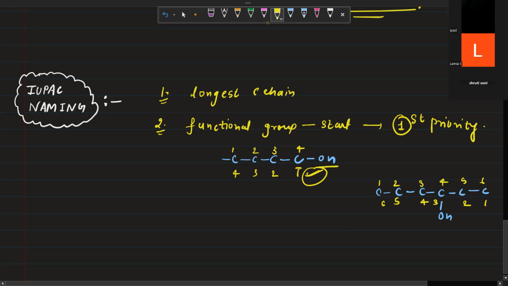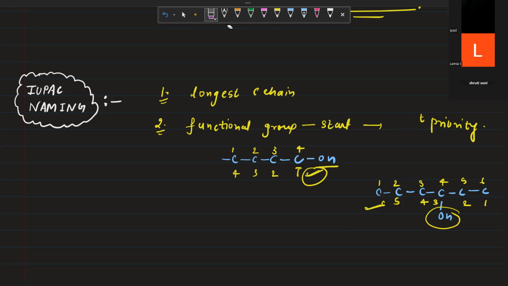But if you're looking at the functional group, you would look from whichever side it is closest. So we need the functional group to get the least number, the first priority. We can write priority here.